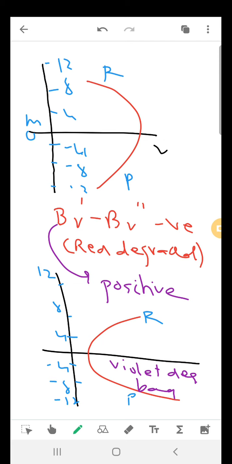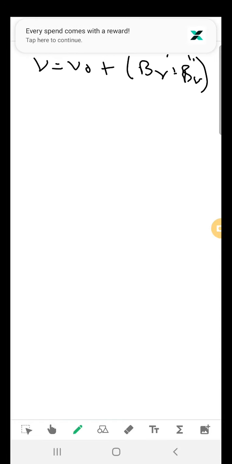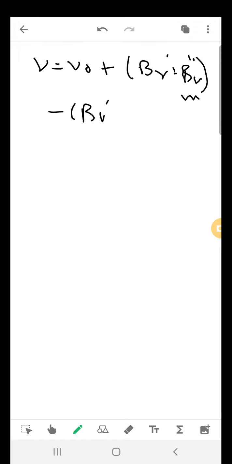Now to find the vertex of the band, we need to differentiate. So we can write nu is equal to nu0 plus (B nu dash plus B nu double dash) m minus (B nu dash minus B nu double dash) into m square.